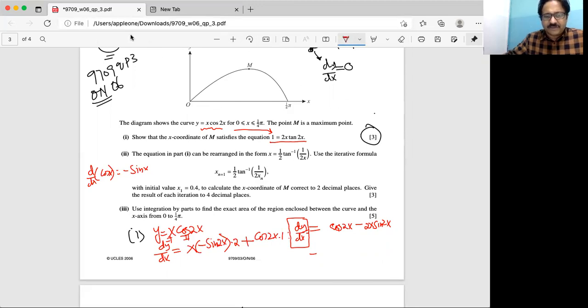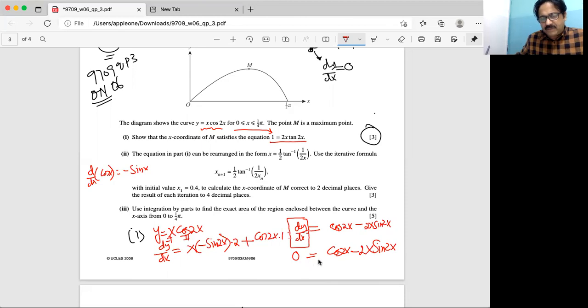I don't know the reason. So you replace this with 0: dy dx is equal to cos 2x minus 2x sine 2x.